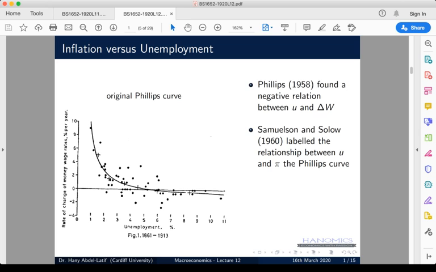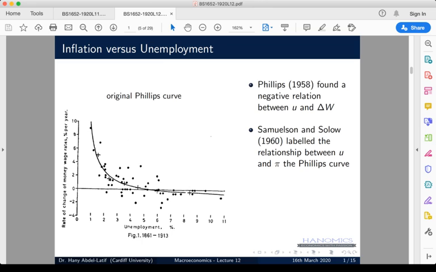Samuelson and Solow in 1960 labeled this relationship between inflation and the unemployment rate the Phillips curve. They showed that this relationship seemed to hold in other countries too. So it became very popular in economic analysis in the 1960s.